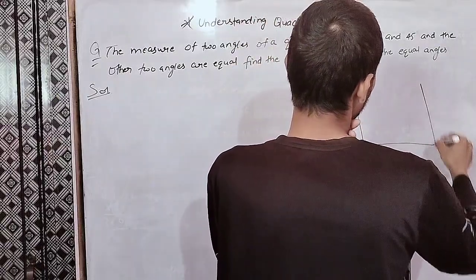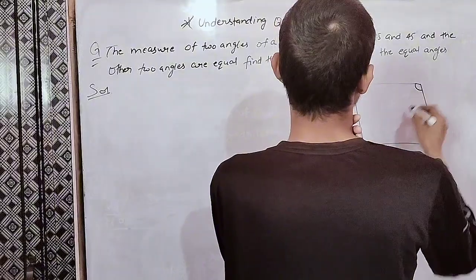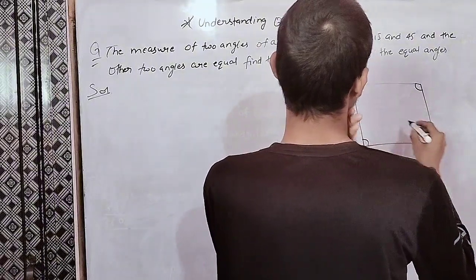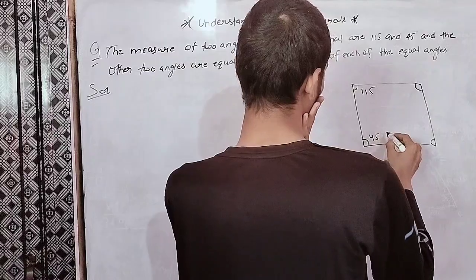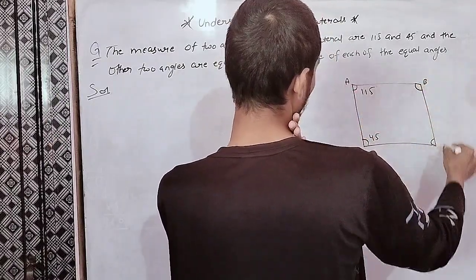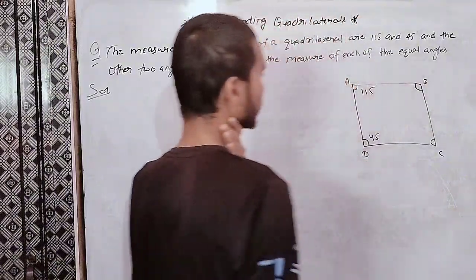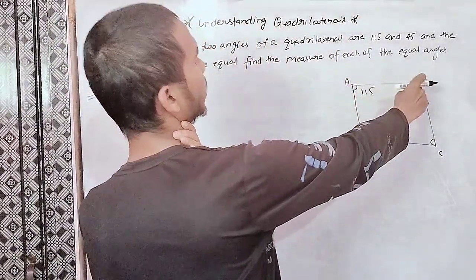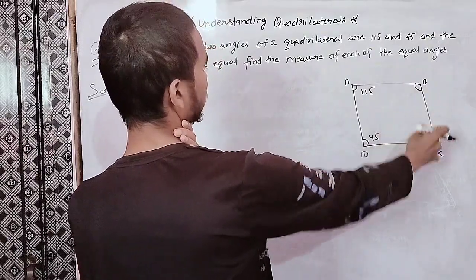It is talking about a quadrilateral, with angles 150 and 45. This is A, this is B, this is C. Already you can say 150 and 45.